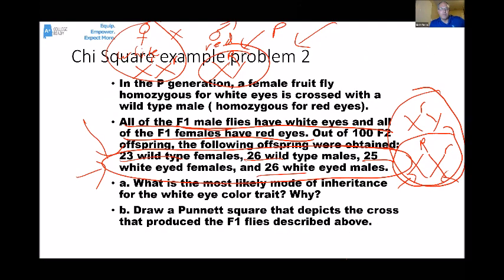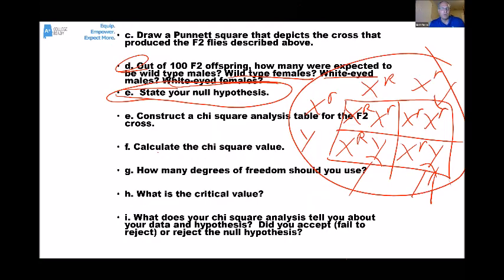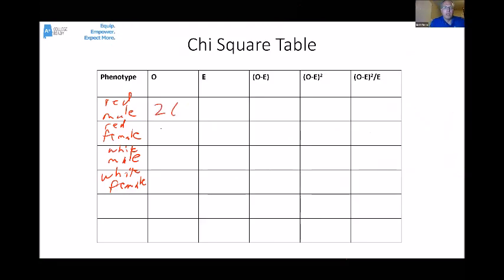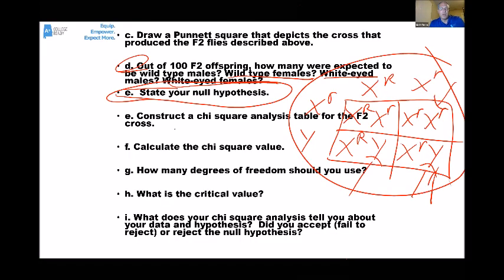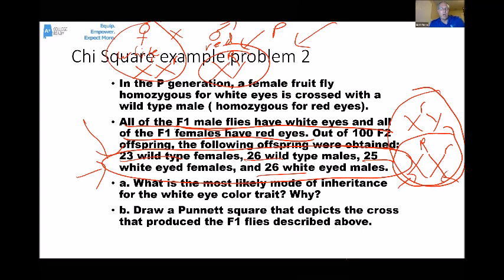So again, we observed 23 wild-type females, those are the red eyes, and 26 wild-type males. So we had 26 here, 23 here. And then if we go back, we had 25 white-eyed females and 26 white-eyed males.